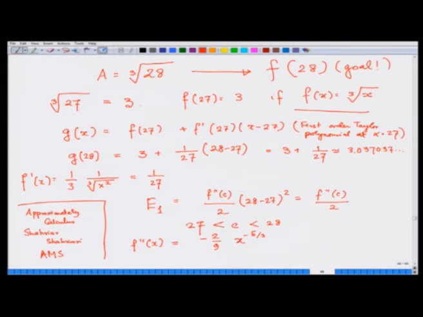So, you have to subtract some quantity from this thing to get f28. So, the immediate conclusion you get is whatever you have calculated, 3.037037, is actually strictly bigger than f of 28, because you have to subtract this quantity for some c that you want to put to get to f28. So, this information you immediately get.